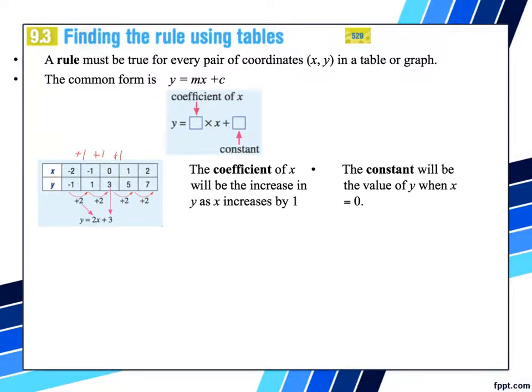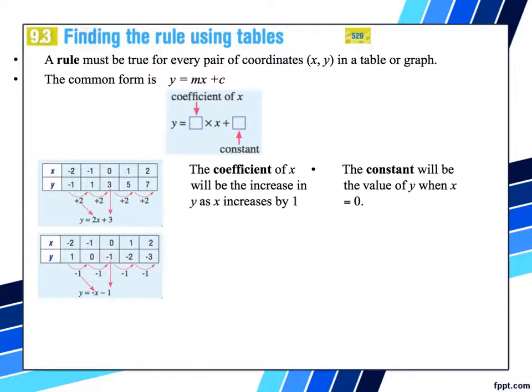So for every time x increases, what happens with y? We can see as x increases with 1, y increases with 2. And this will always be the same if this is applicable to the equation. This value that y is increasing with is then the coefficient of x. The constant will be the value of y when x is 0. So when x is 0, that is where y equals a constant value.